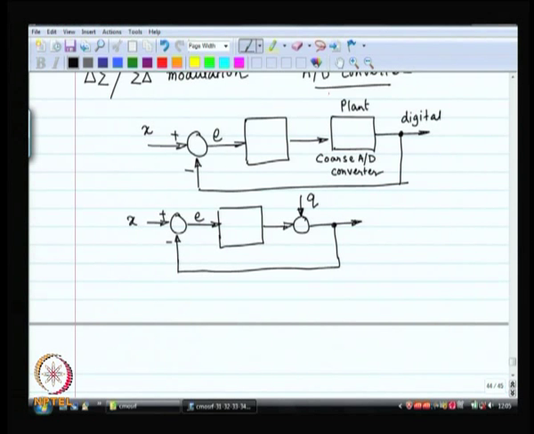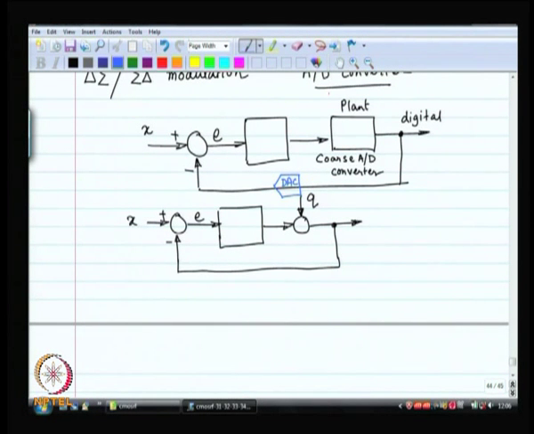How can you subtract a digital signal from an analog signal? Well, yes, there has got to be a DAC over here, some sort of a D to A converter is necessary.